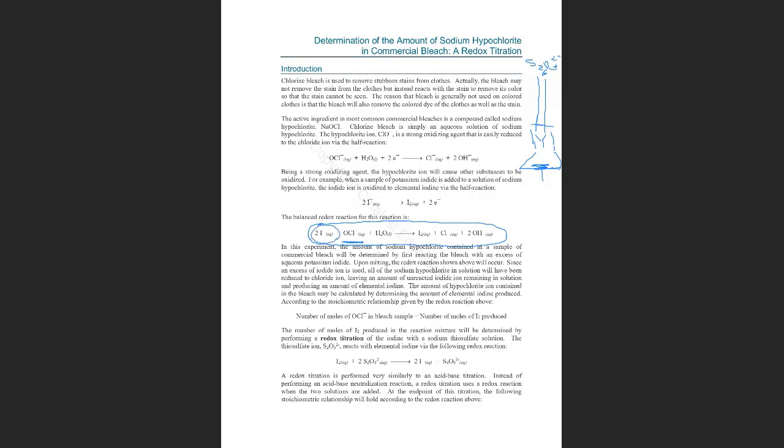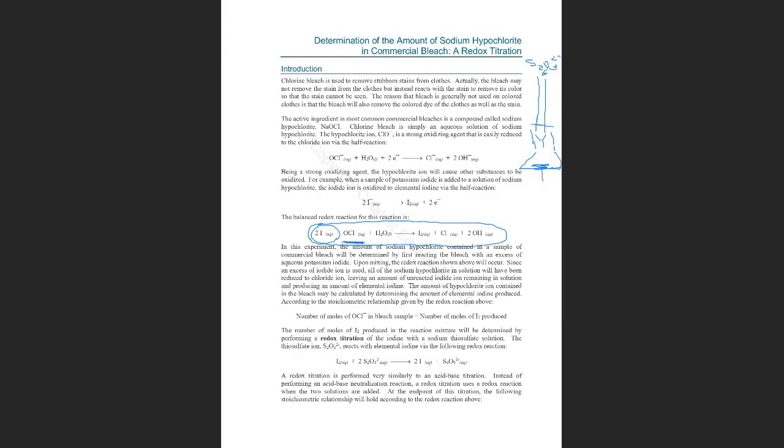And according to this equation, the amount of hypochlorite which we are interested in is calculated by titrating with thiosulfate the amount of iodine produced.